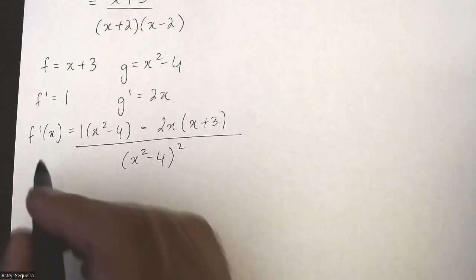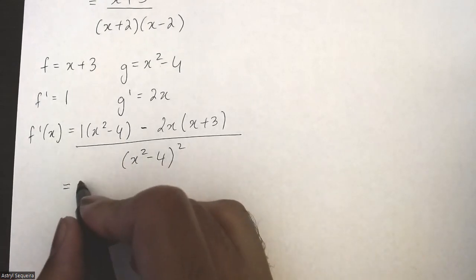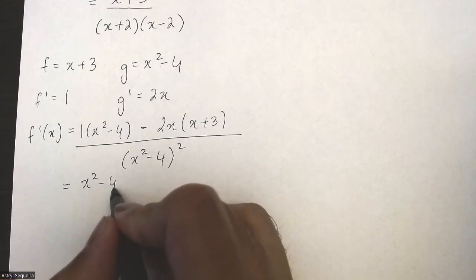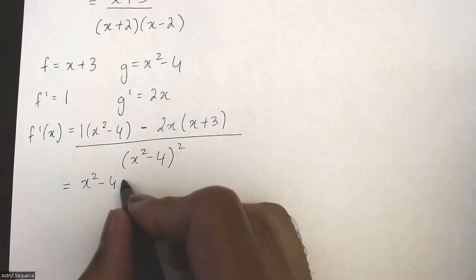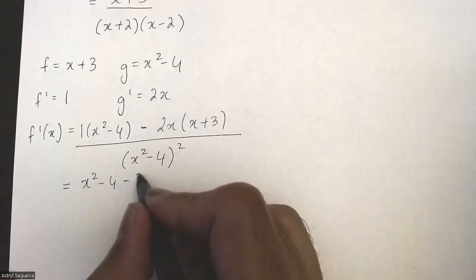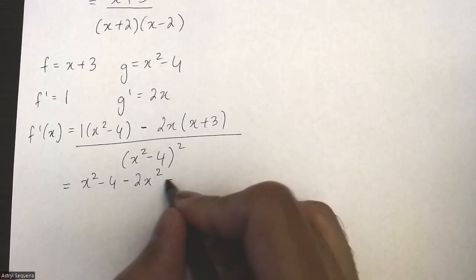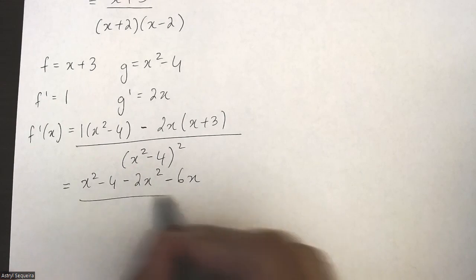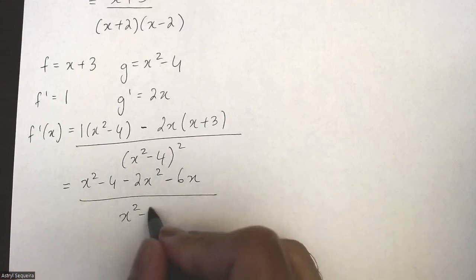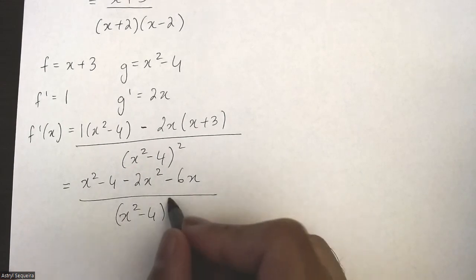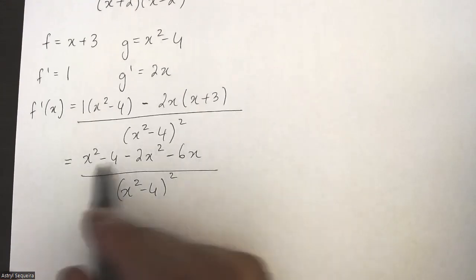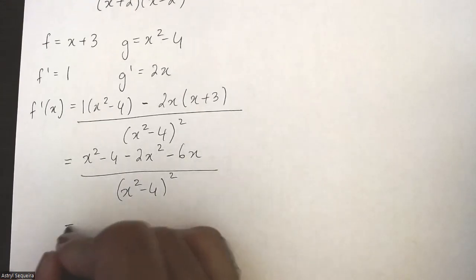I will simplify the top over here. So this is just x squared minus 4. This is going to become negative 2x squared minus 6x. Denominator stays the same. You don't need to simplify that. Then I'll combine like terms in the top.